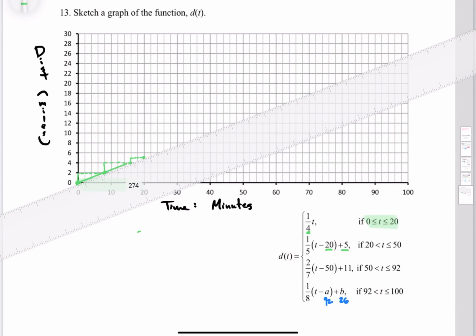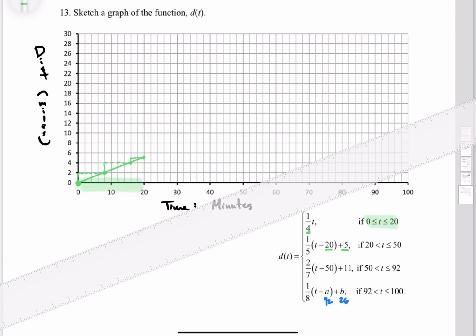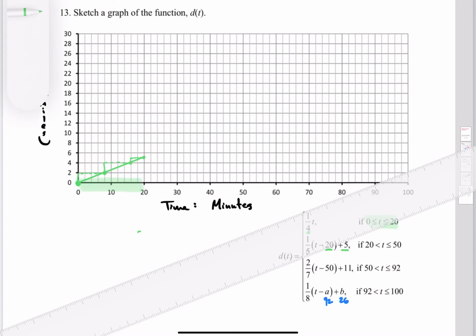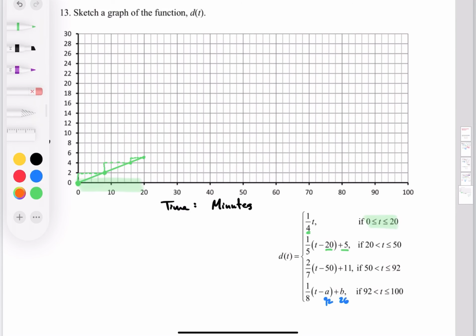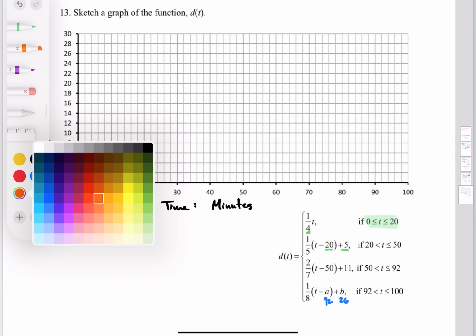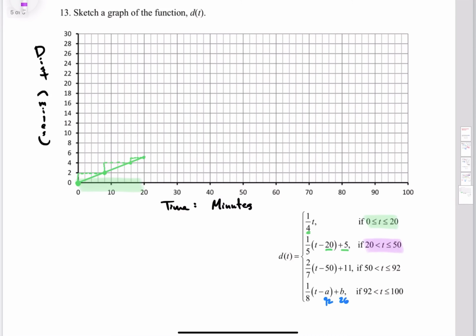And now I'm going to move on to my second piece. Because I know that this is a continuous function, I'm going to look at the next point. This next section, I'm going to do in purple. This is between the 20 and 50 minute mark.